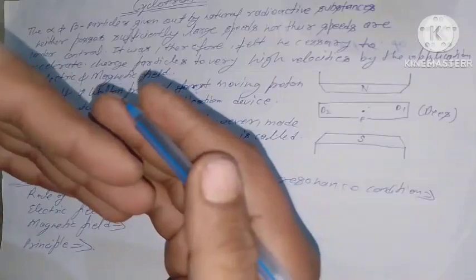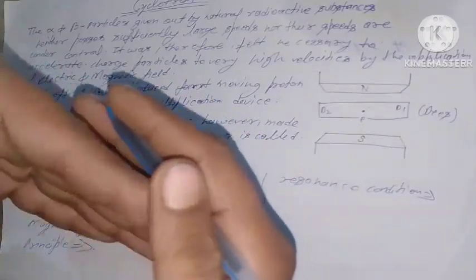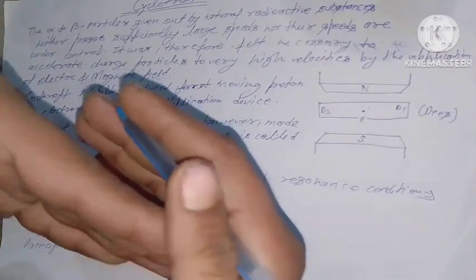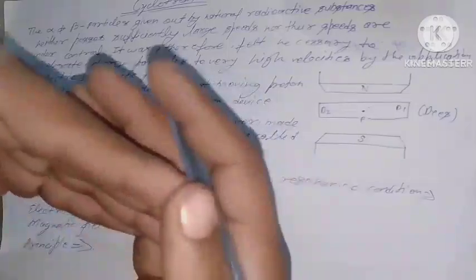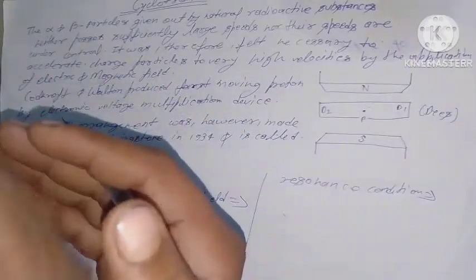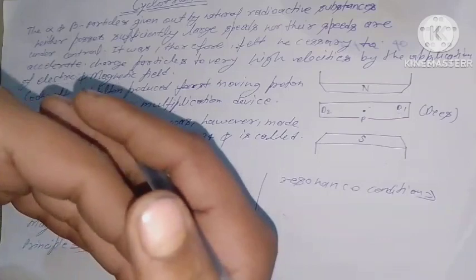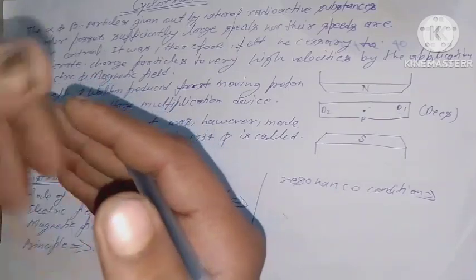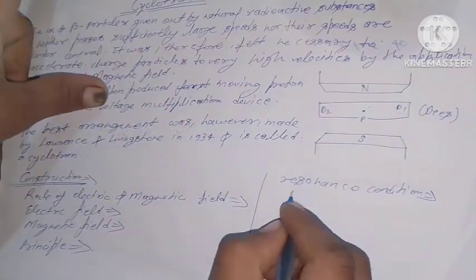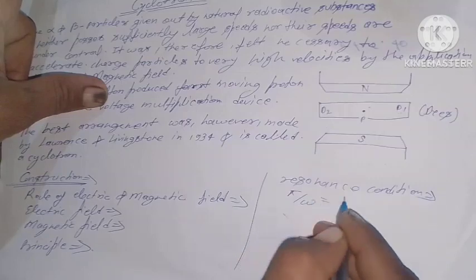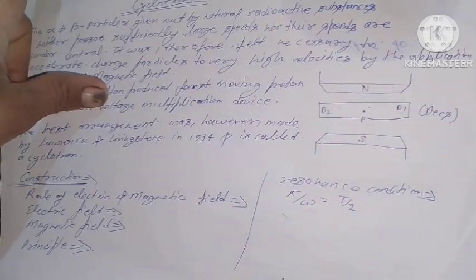This is done by adjusting the time taken by the charged particles to describe a semicircular path equal to half the time period of the oscillation of the applied high frequency electric field. Then π/ω = T/2.